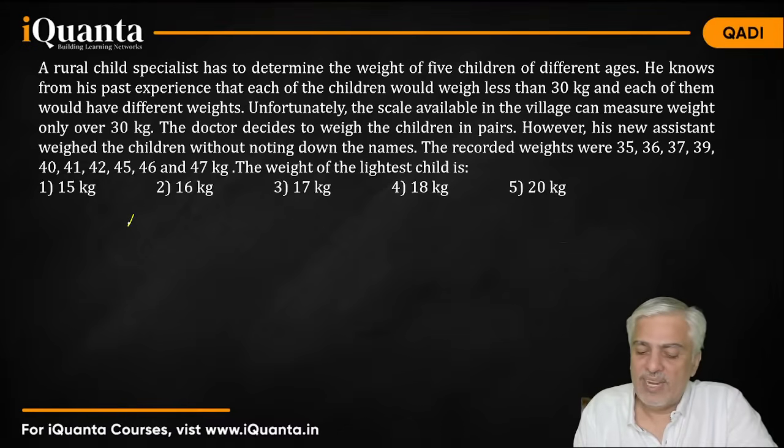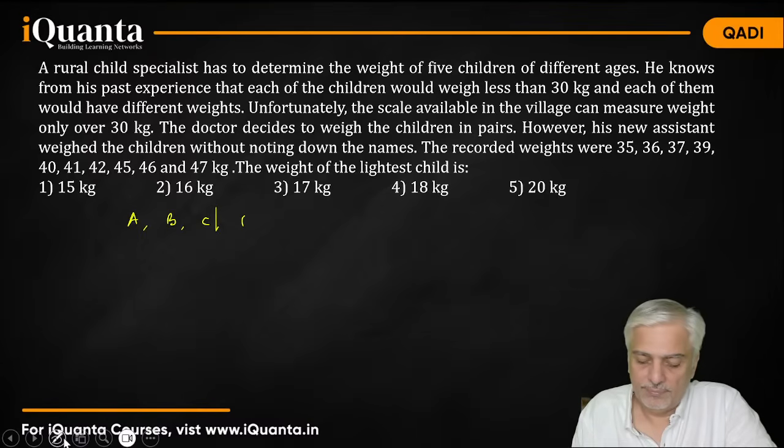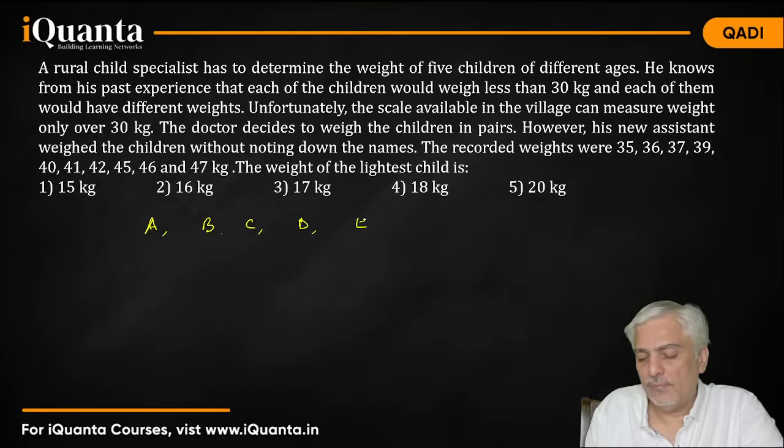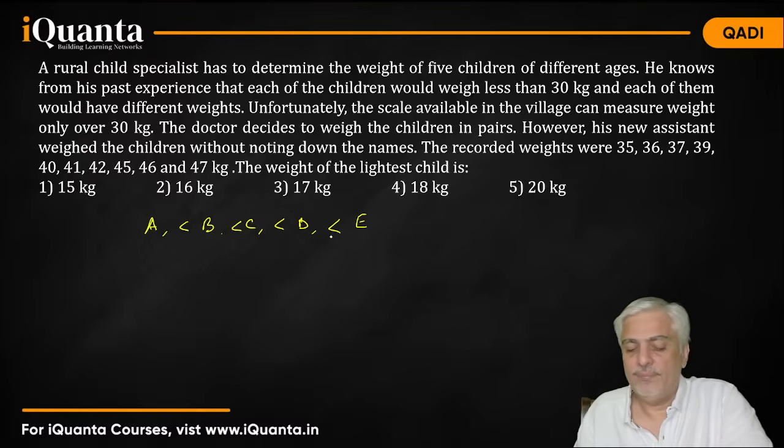We'll consider the weights as A, B, C, D, E. A less than B, less than C, less than D, less than E. So they've put them in pairs.